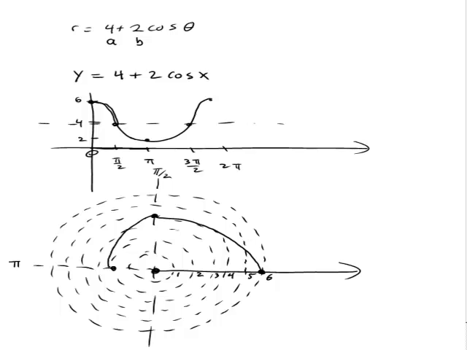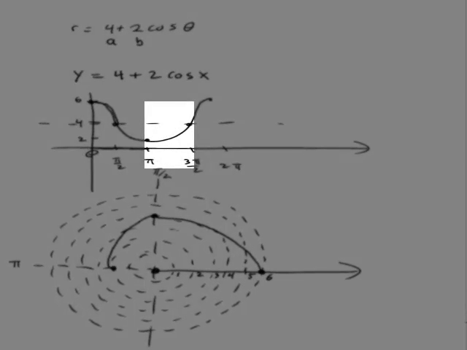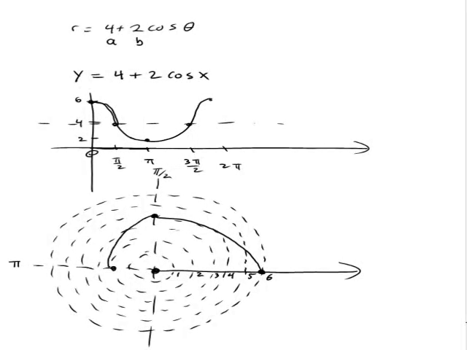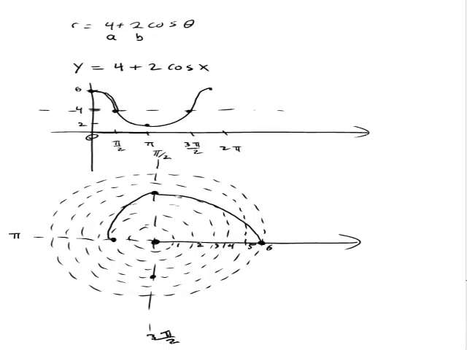Now, as we go from pi to 3 pi over 2, the r's go from 2 back up to 4. Here's 3 pi over 2, already sketched in here. And I know that r increases, and at 3 pi over 2 it's at 4, so let me sketch that in first. 1, 2, 3, 4, so right here's 4, and r increases out to that.